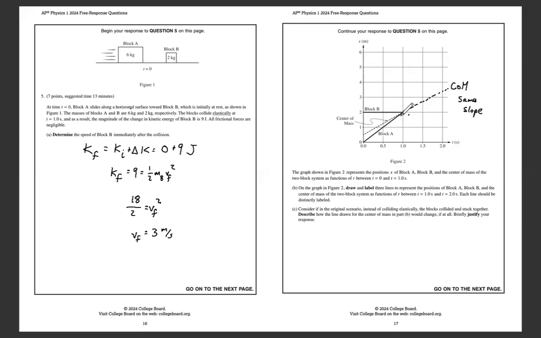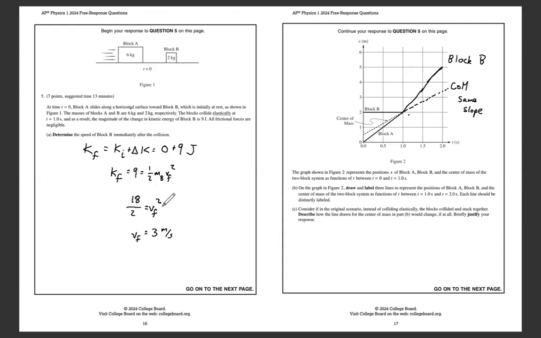And then you've got block B and block A. We said that block B has a velocity of 3, so that should be the slope of block B's line here. So block B should look something along the lines of this then. Block B. There you go. And then block A, we have to use conservation of momentum to figure out block A's final velocity.